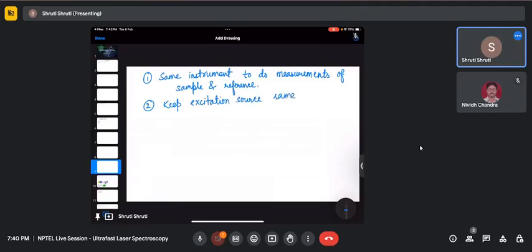Dispersion is due to the difference in the refractive index of the material for a particular wavelength. So these are the disadvantages for the use of prism in the monochromator.